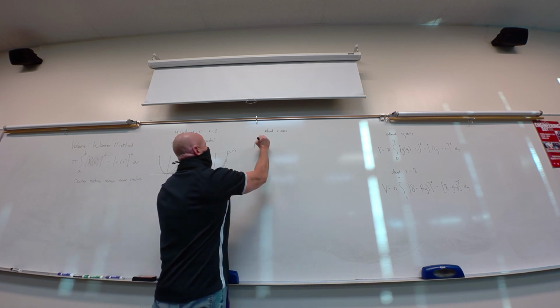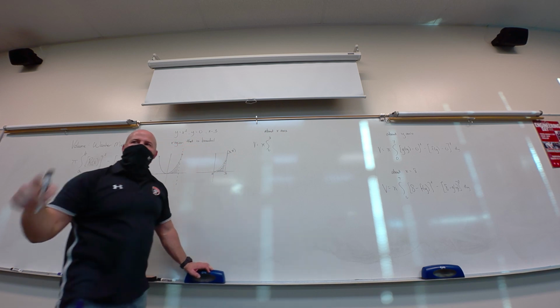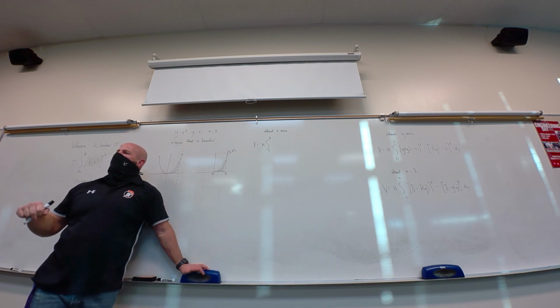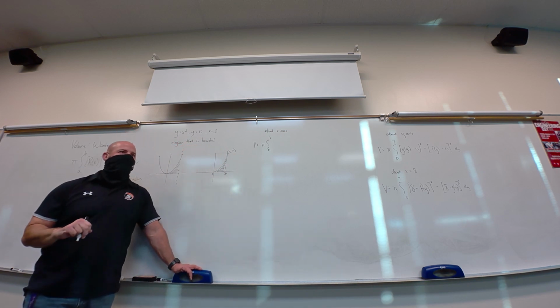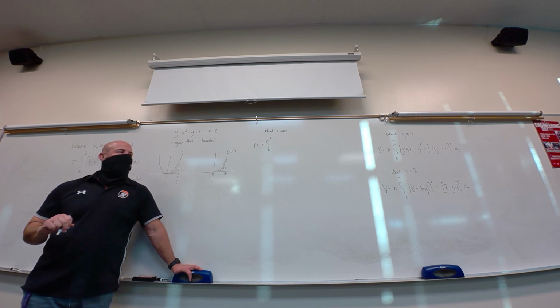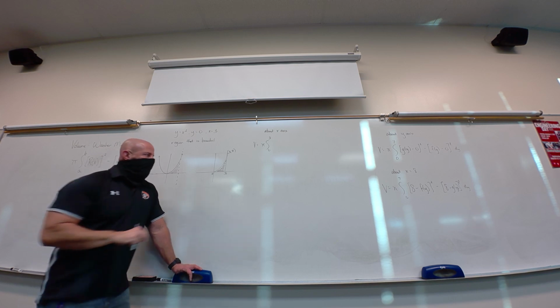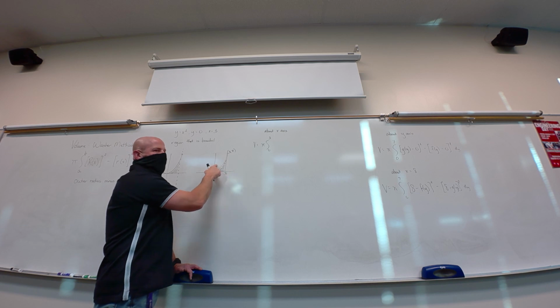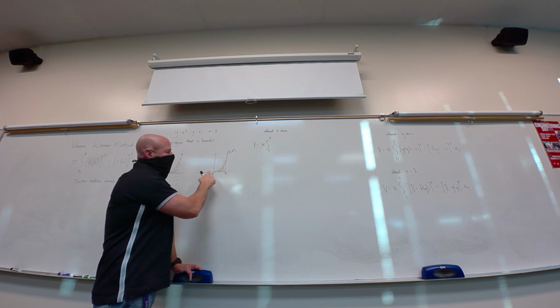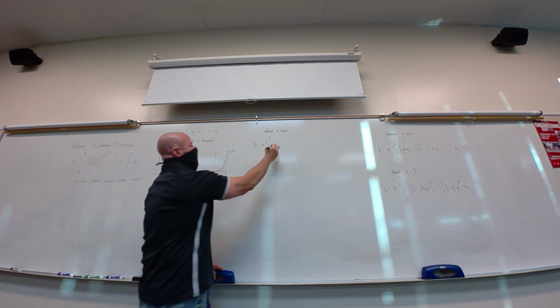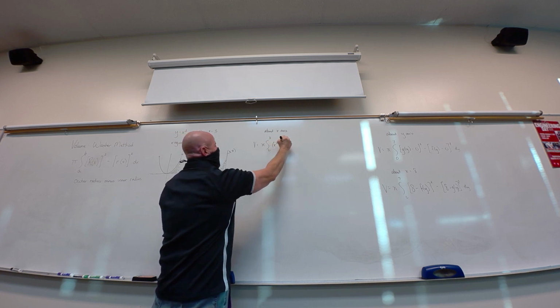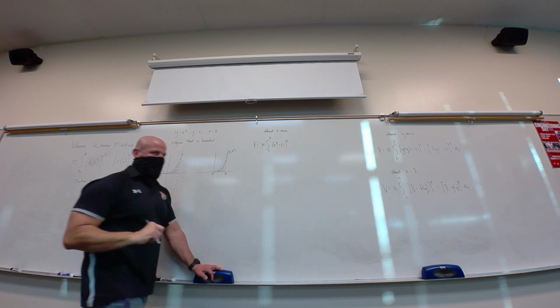I'm going to have volume, pi, integral 0 to 3. Top minus bottom, I've got x's in there, x limits, dx out on the end. Outer radius would be from the function to my axis of rotation, which is 0. So x squared minus 0 squared.